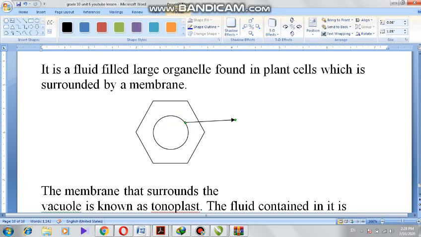Okay, do the arrow on the other side. This membrane is tonoplast, and this is cell sap. So vacuole has an outer membrane called tonoplast, and inside there is a juice called cell sap.